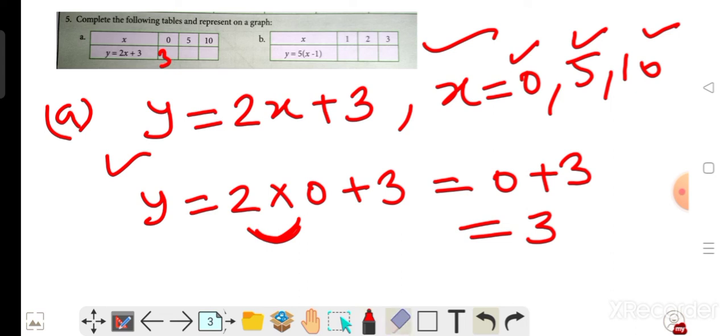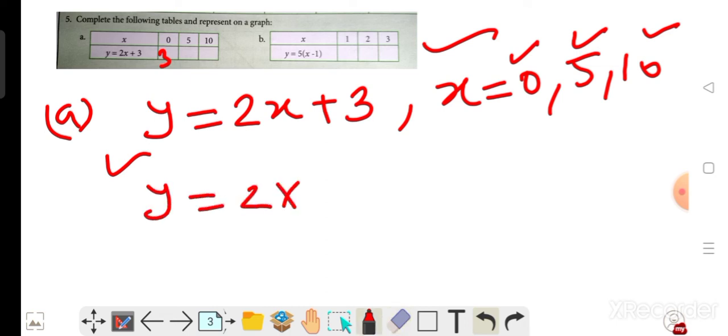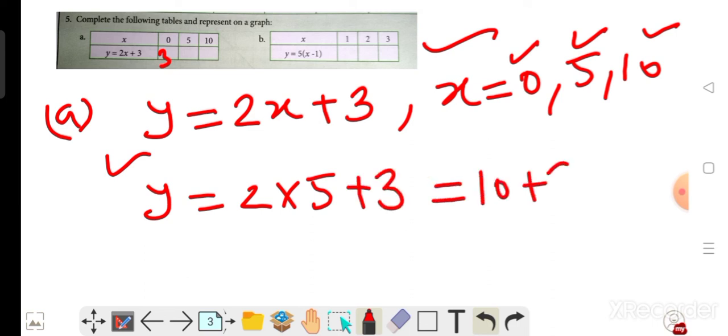In the same way we will do the second one, that is x equal to 5. At x equal to 5, y will be equal to 2 multiplied by 5 plus 3, and 2 fives are 10 plus 3, and the value will become 13. So the corresponding value of y for x equal to 5 is 13. In the second blank we have to write 13.